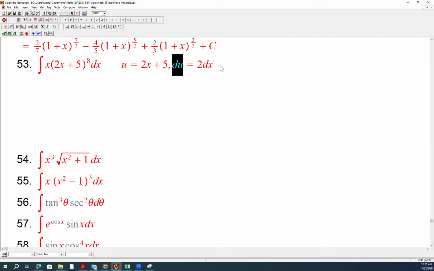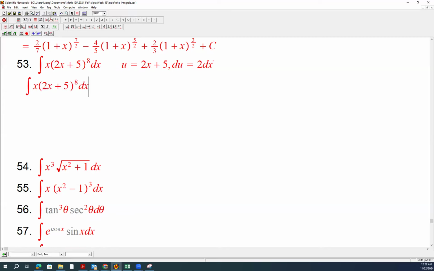du equals 2 times dx, right? So this is a u, and du equals 2 times dx. So if we change this to du, we're going to get a half. But what are we going to do with this x?